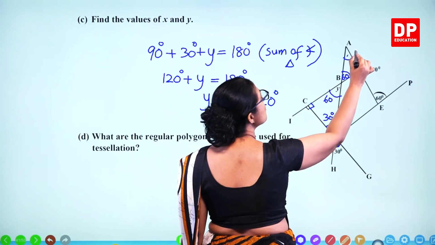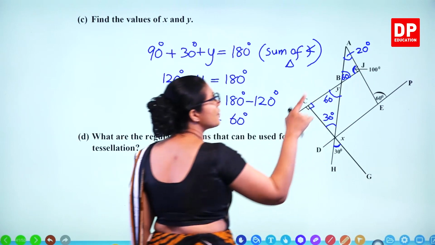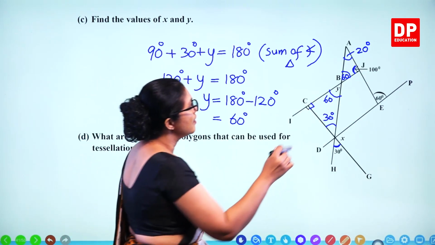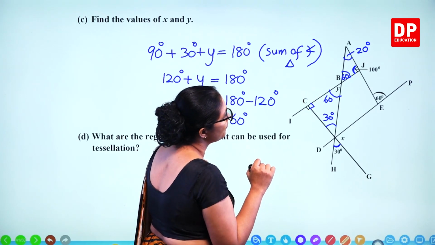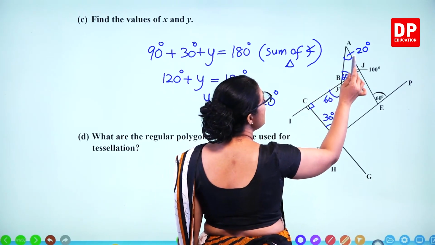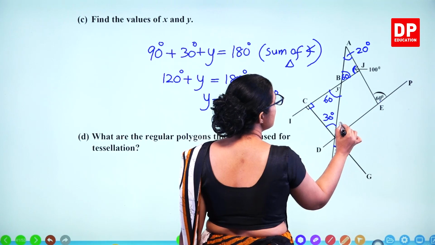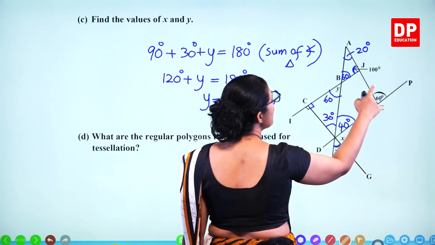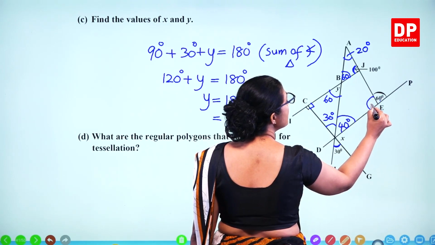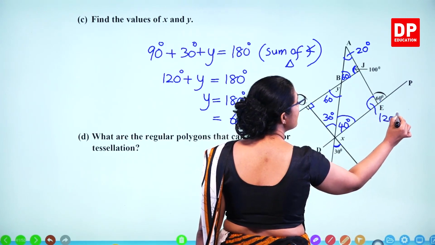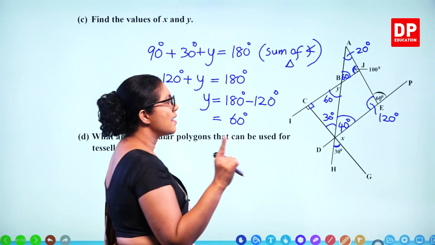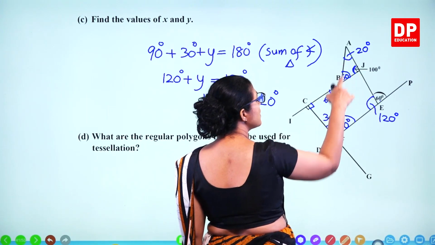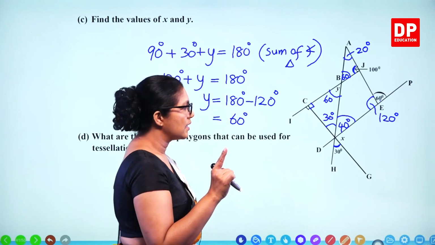So this becomes 20. 180 minus 100, 160. If this is 20, this is 60, this is 40. Because this becomes 120 here. 180 minus 60, 120. So 120 is there. This 20, 140. This should be 40.